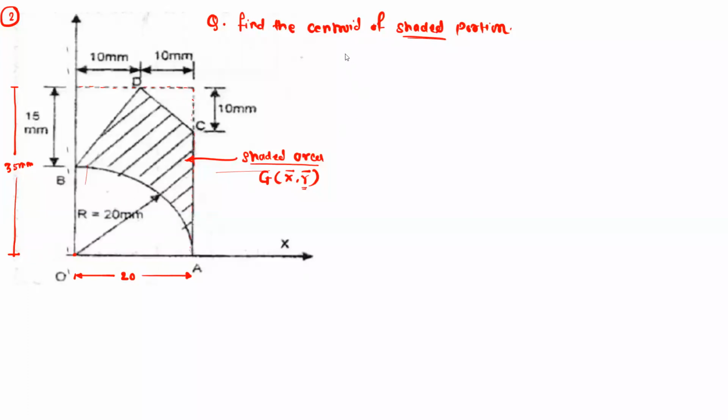So the first geometry is the rectangle. From this rectangle, we need to subtract the remaining geometries so that we can get the required shaded area. From this rectangle, we will subtract this quarter circle, which has the radius r equal to 20 mm. Again, we have to subtract this right angle triangle having the dimension 15 and 10.